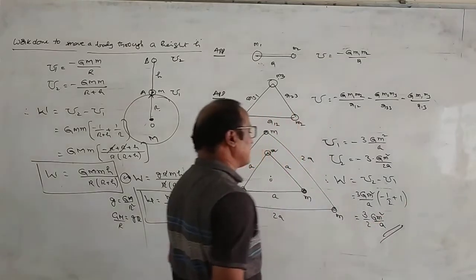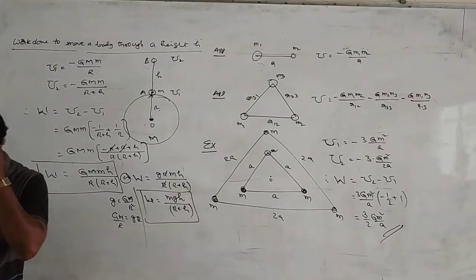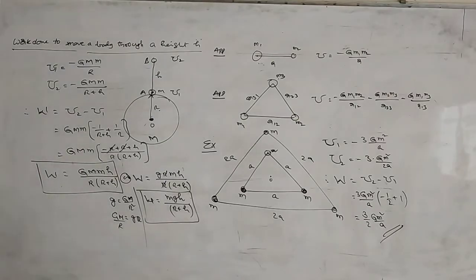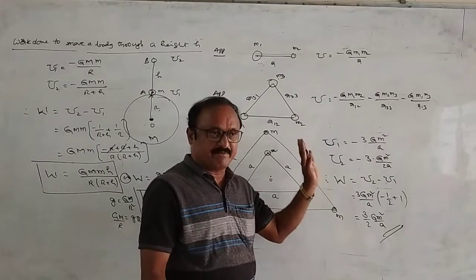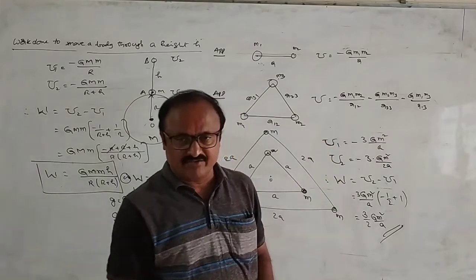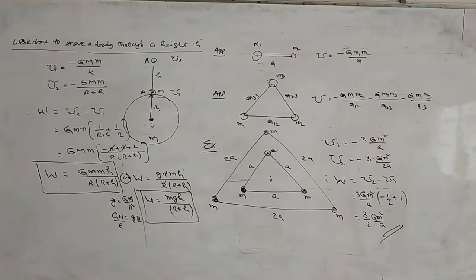This is the work done. So remember one thing, my dear students: work done is always equal to change in gravitational potential energy between the initial and final configurations.